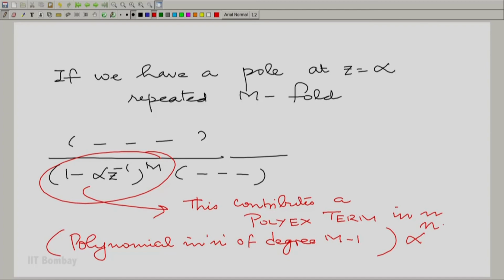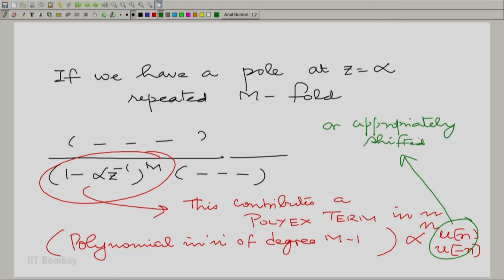So, here the only change is you have an alpha raised to the power of n, and you would need to associate it either with u of n or u of minus n, appropriately shifted unit steps.